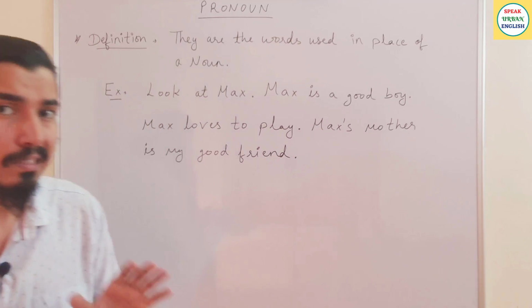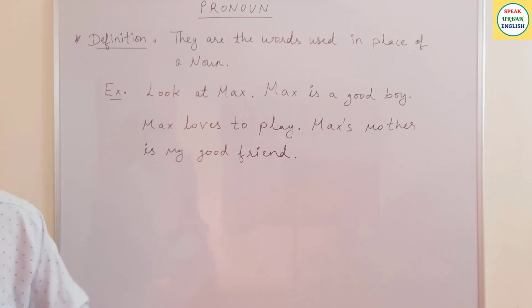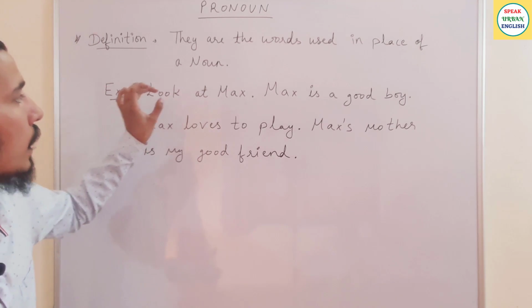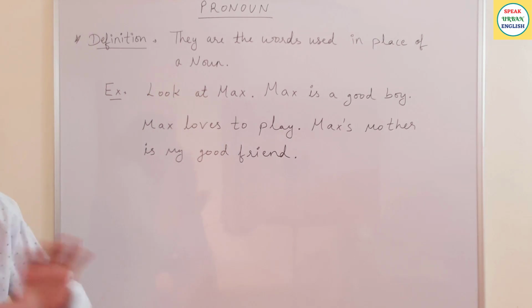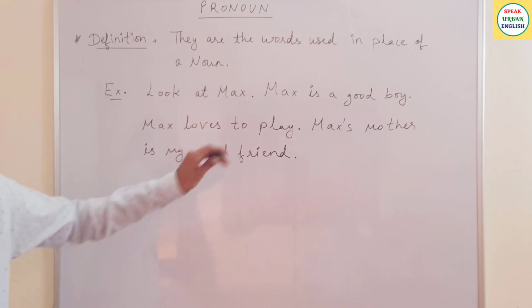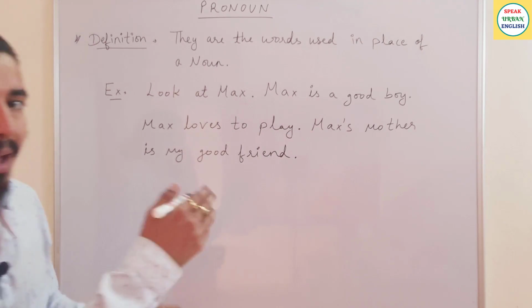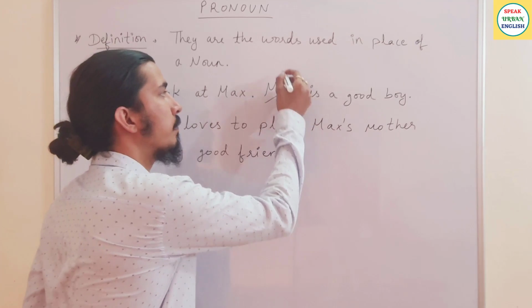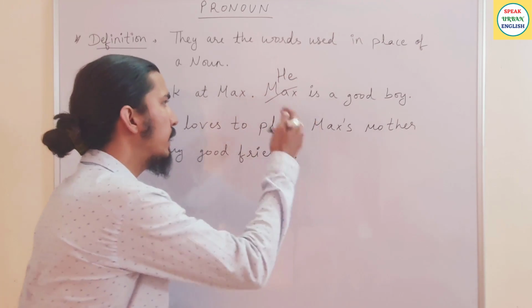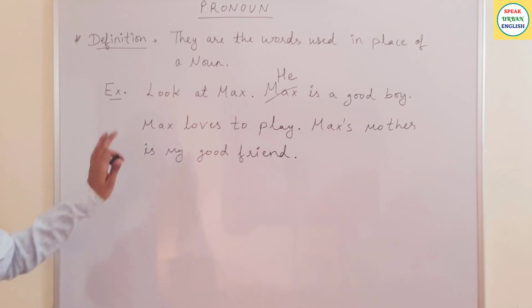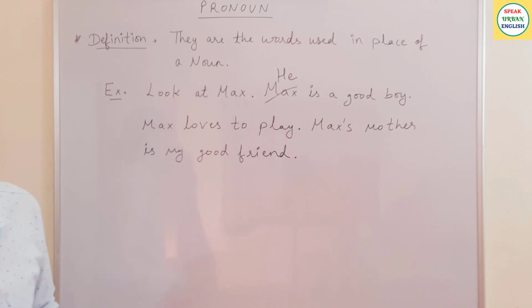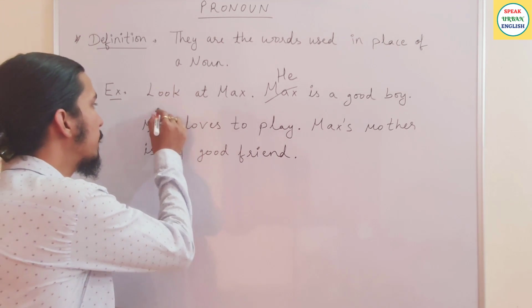So guys, instead of writing Max every time, what we can write? Look at Max. Max is a good boy. Instead of Max, which is a noun, we can write he. He is a good boy. Max loves to play. Again, instead of Max, we write he.